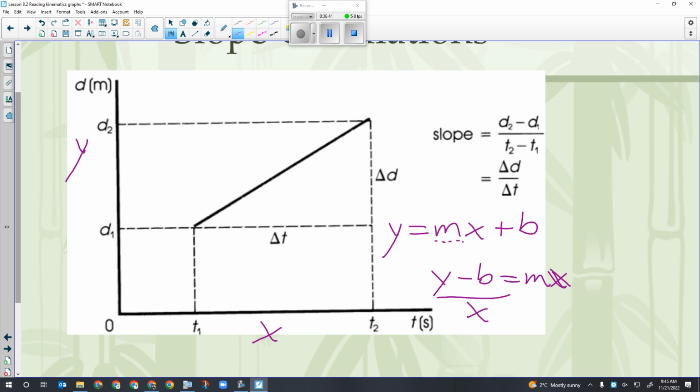Does that look like y minus b, because remember, I'm just going to extend that line, go all the way to the y-axis here. So this would be b right here, okay? This would be m, and then obviously this would be x, okay? So when we say y minus b over x, is that the same as doing this?